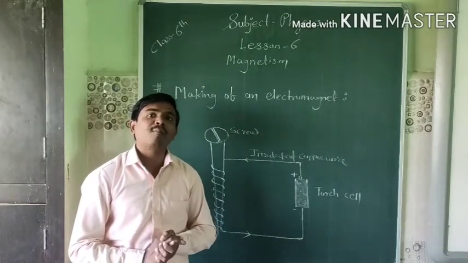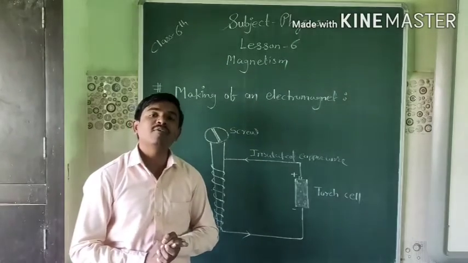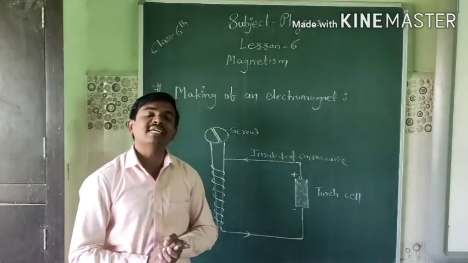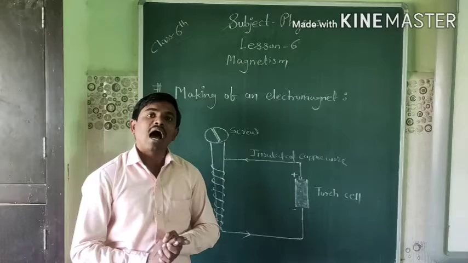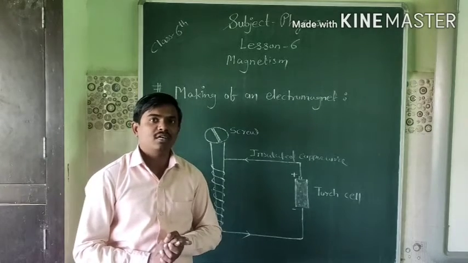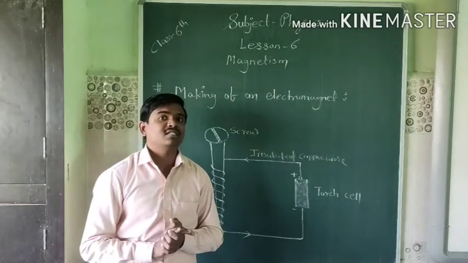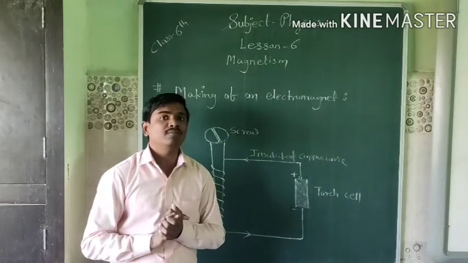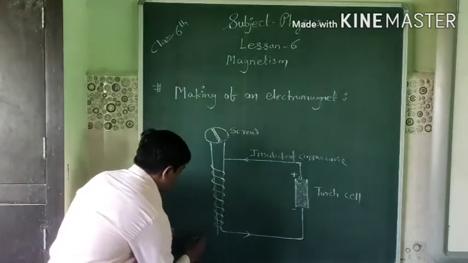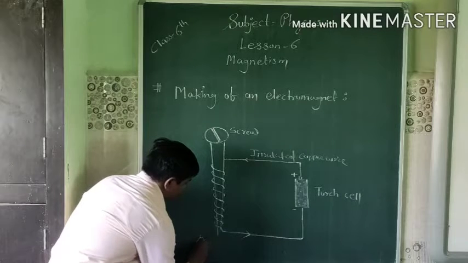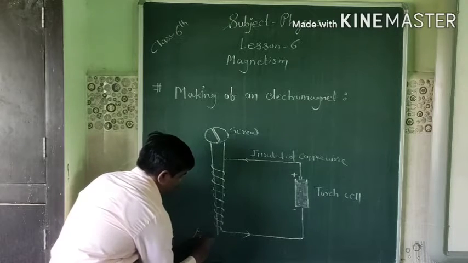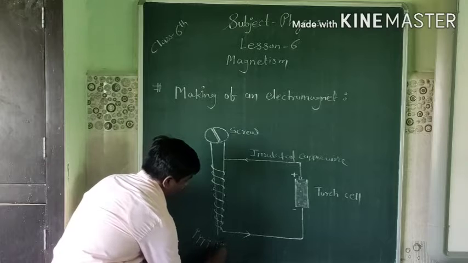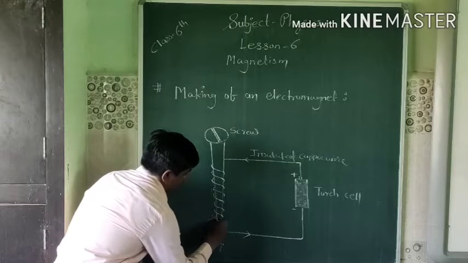The attraction property of the electromagnet will be very strong and it will attract more iron pieces. Small iron pieces, for example small iron pins, will be attracted here.